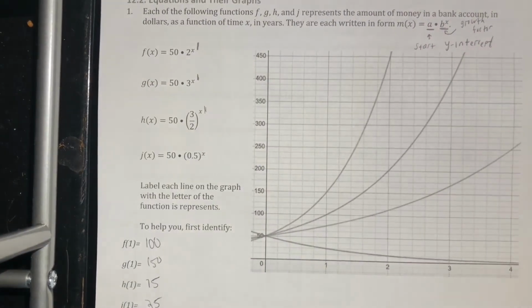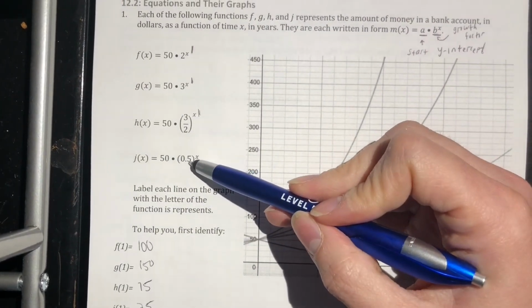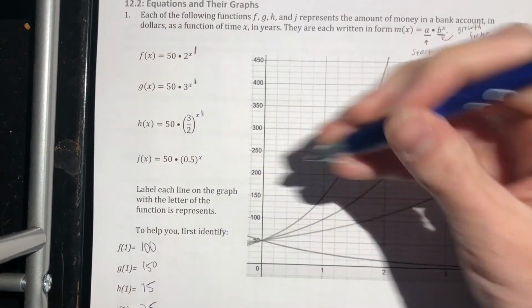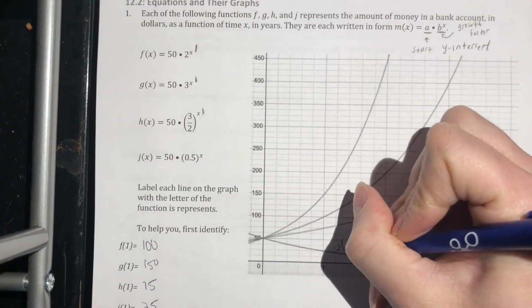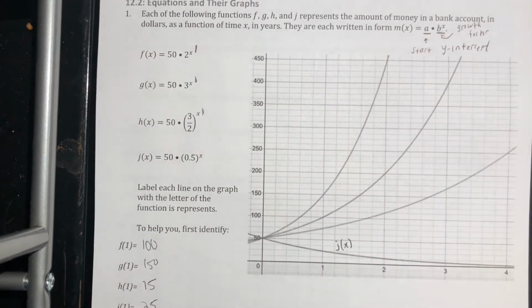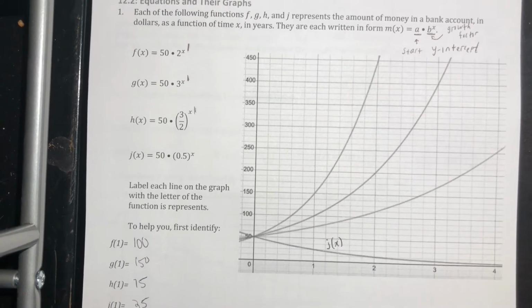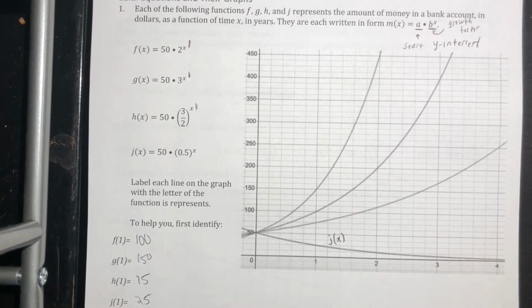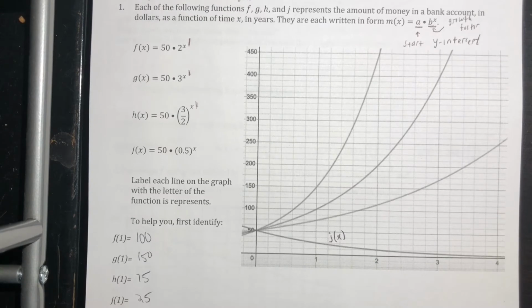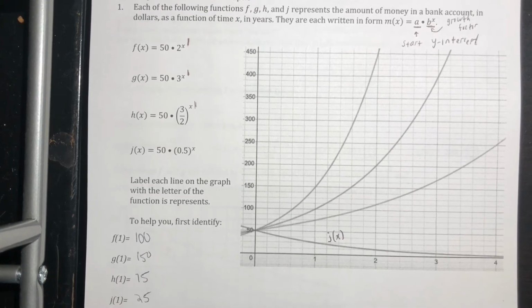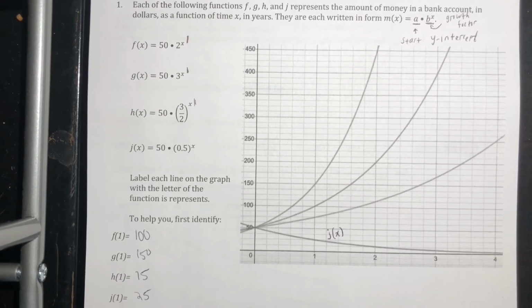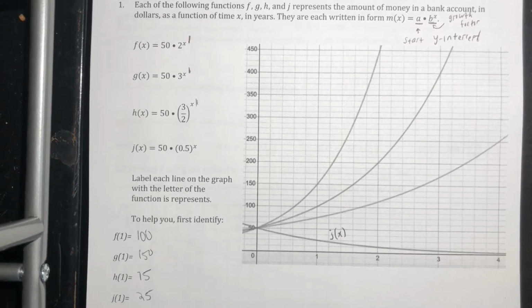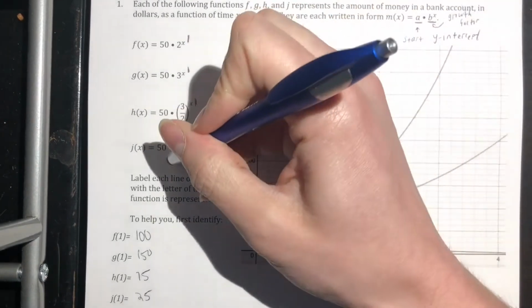So now I can also think, well, this graph is the only one that's decaying, because all these numbers are bigger than 1. So j has to be this one down here that's decaying. And by the way, these graphs are all in full color if you open the task statements online, which you already know if you're following along with my handouts. That graph is the purple one.